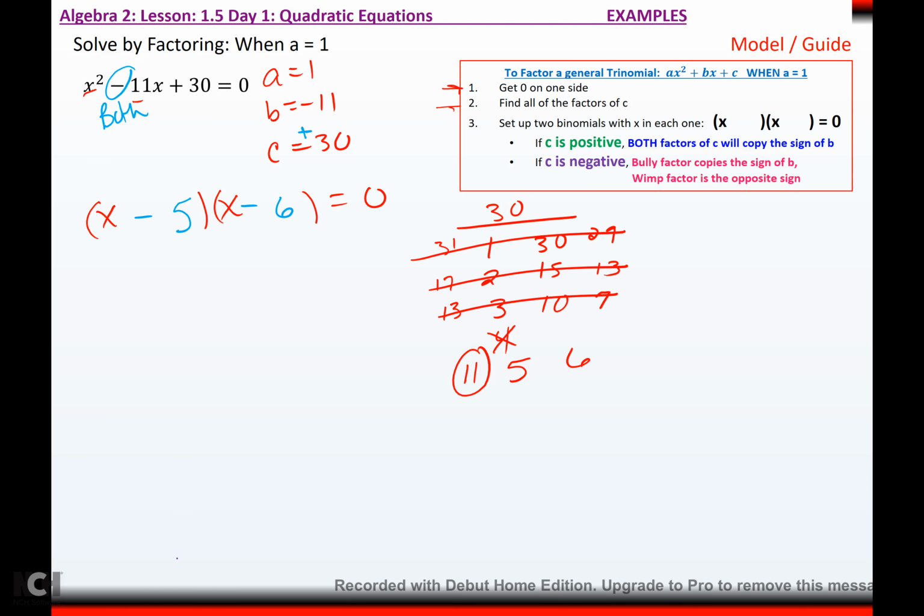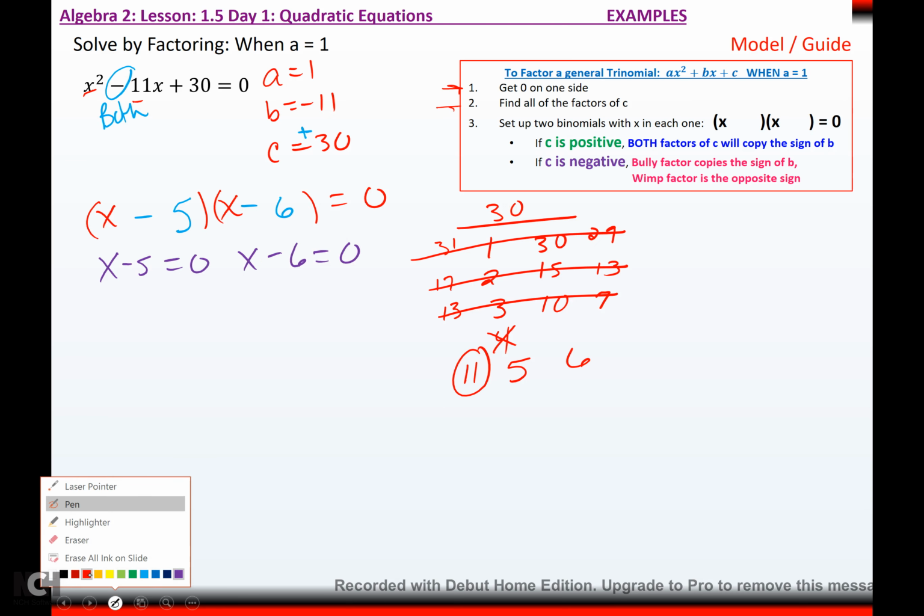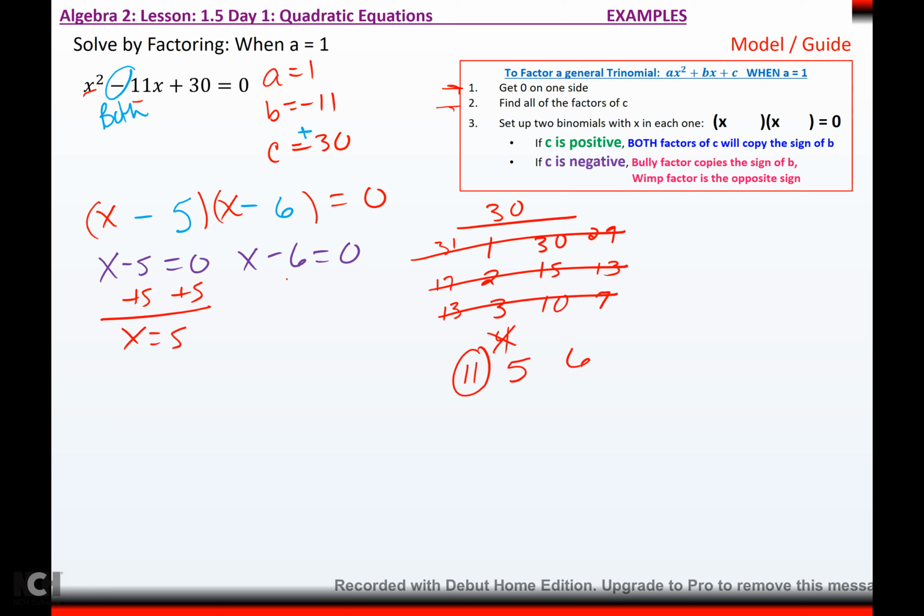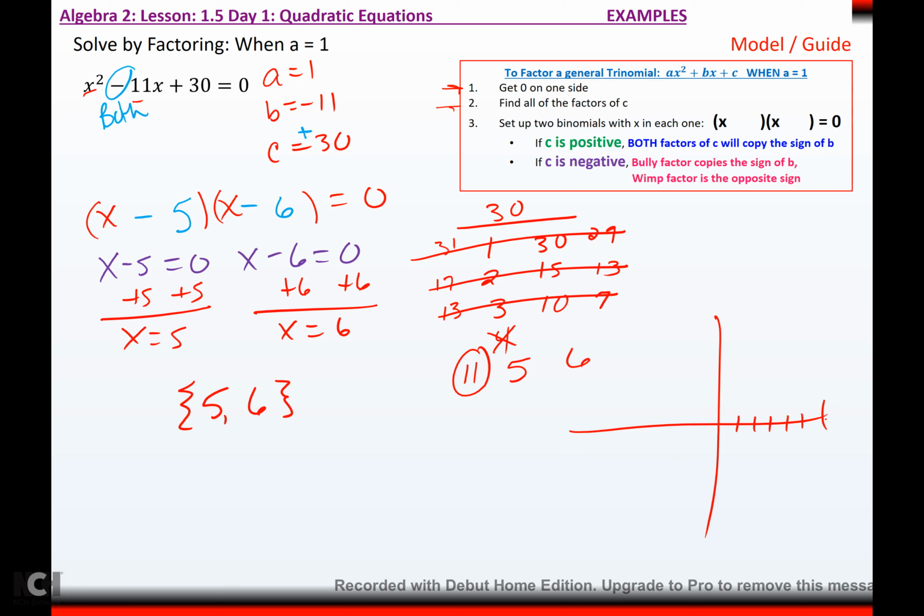So now when I solve, I say x minus 5 is 0 or x minus 6 is 0. And get x alone. Add 5, x equals 5. Add 6, x equals 6. So my two solutions are 5 and 6, which means this parabola is going to cross the x-axis at 5 and 6. It's going to do something like that. Okay.